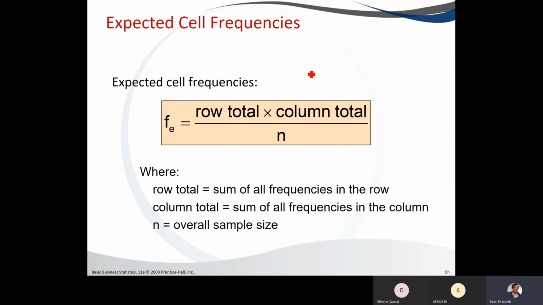So if we have a contingency table that looks like this, and it has males and females, and here we have, what can I write there? You are a Capetonian, or not a Capetonian.